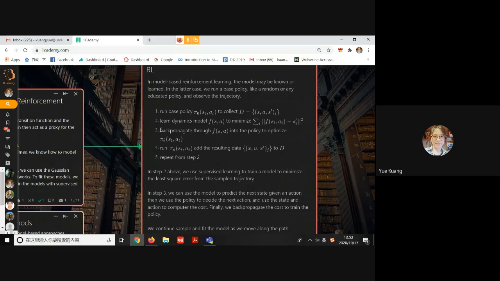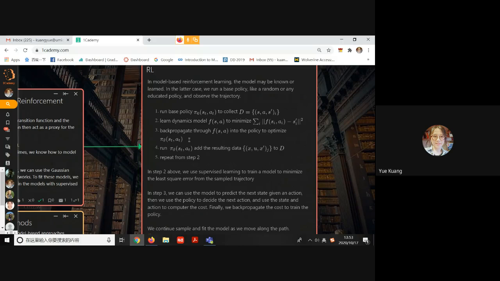In step 3, we backpropagate through the model we have just learned into the policy to optimize the policy pi. In more detail, we can use the model to predict the next state given an action. Then we use the policy to decide the next action. With the states and actions, we can compute the cost. Finally, we backpropagate the cost to train the policy.